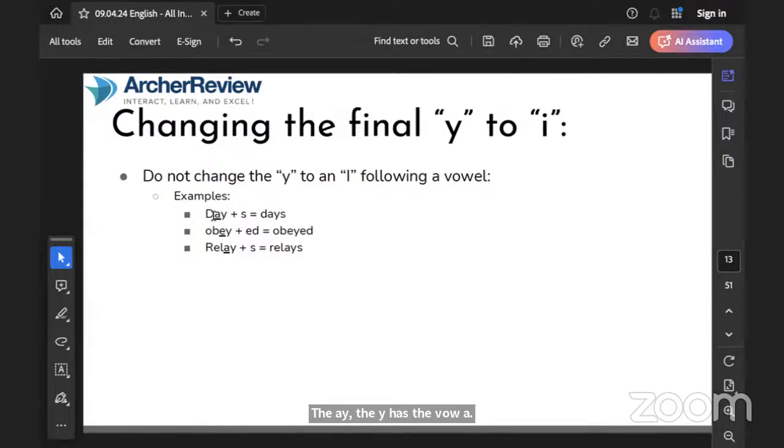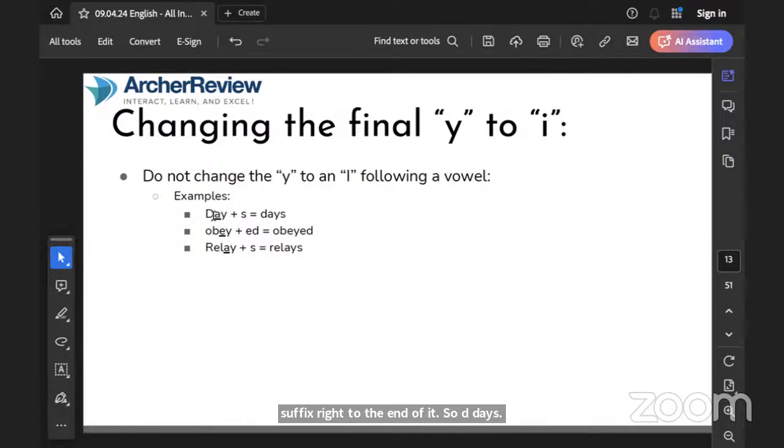So I don't want to drop the Y and change it to an I, because then that would create a double vowel, D-A-I. No, that would change the whole pronunciation of the word. So, day, you leave the Y because of the vowel in front of it, and then you simply add the suffix right to the end of it. So days, D-A-Y-S.